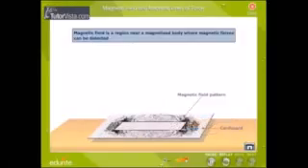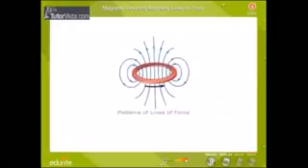Tap the cardboard gently. We observe that the iron filings align themselves in definite patterns. These patterns indicate the magnetic field of the magnet. A magnetic field is represented graphically by lines of force. Patterns of lines of force.